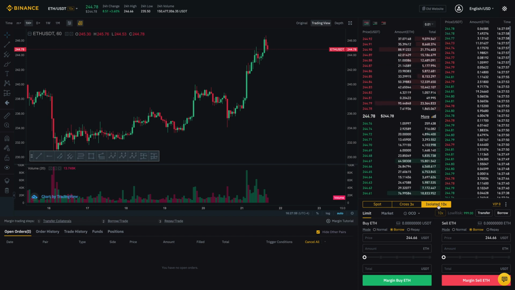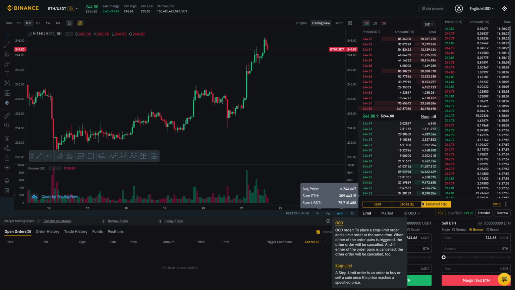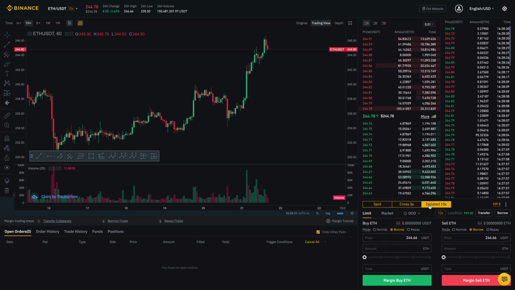So I can leverage up to 10 times only specifically on Ethereum against whatever collateral I've put in there. Now, cross is across all of my assets in that account, on different positions or different cryptos that I have. So isolated and cross are exactly the same, but I have to put money specifically in the isolated account.